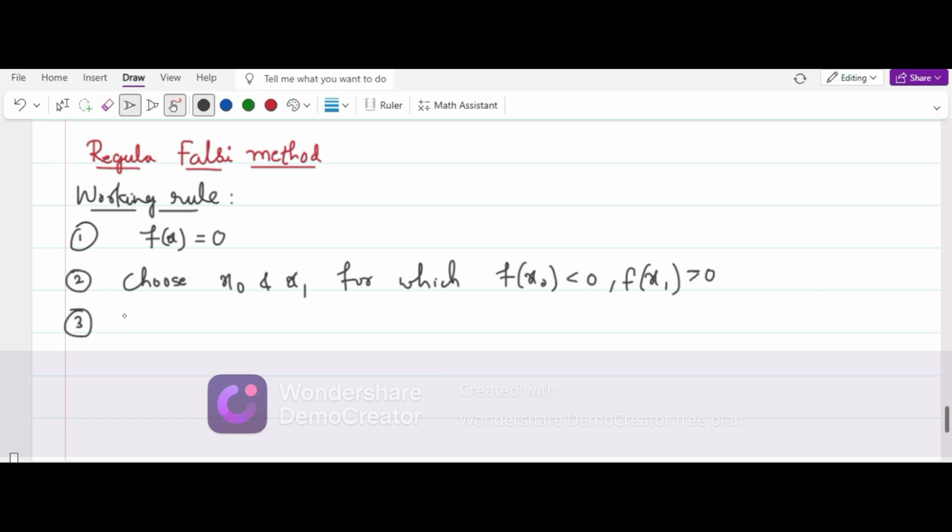Next step, let x2 be the required real root.